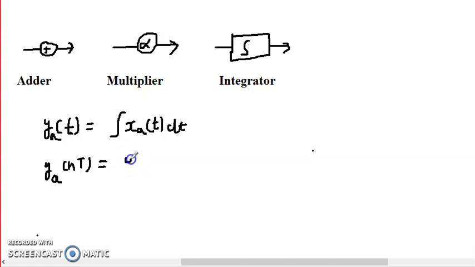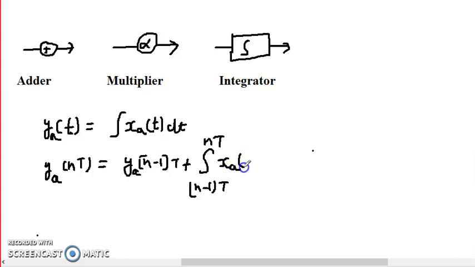The output can be written as y_a((n-1)T) plus the integration from (n-1)T to nT of x_a(t) dt.